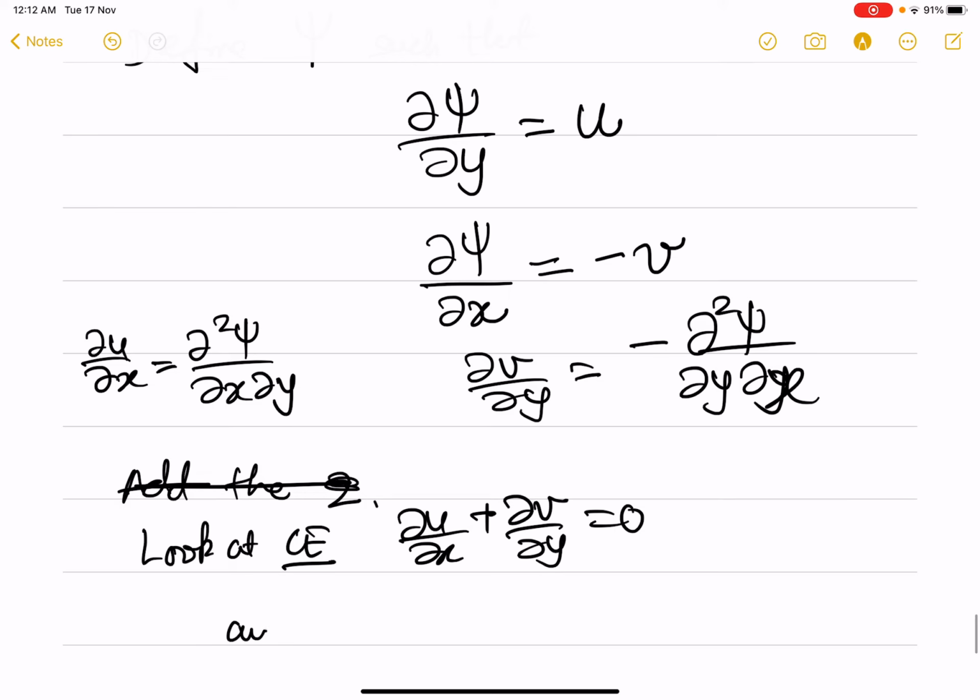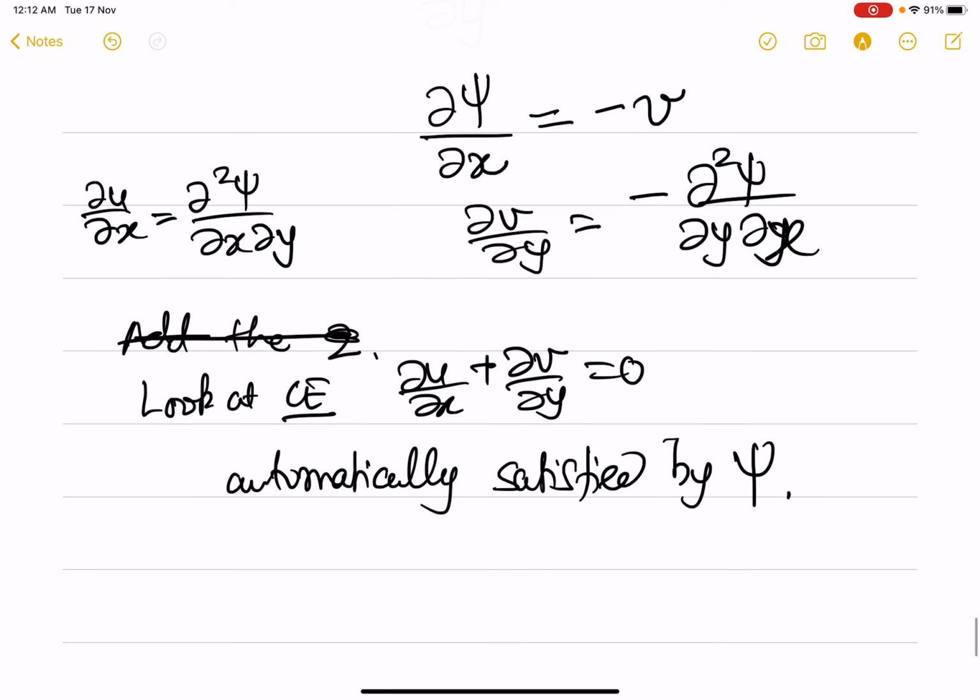This is automatically satisfied by the definition of psi.